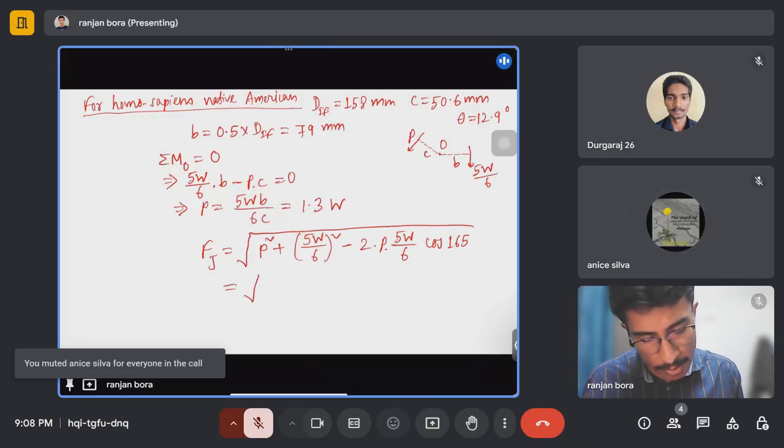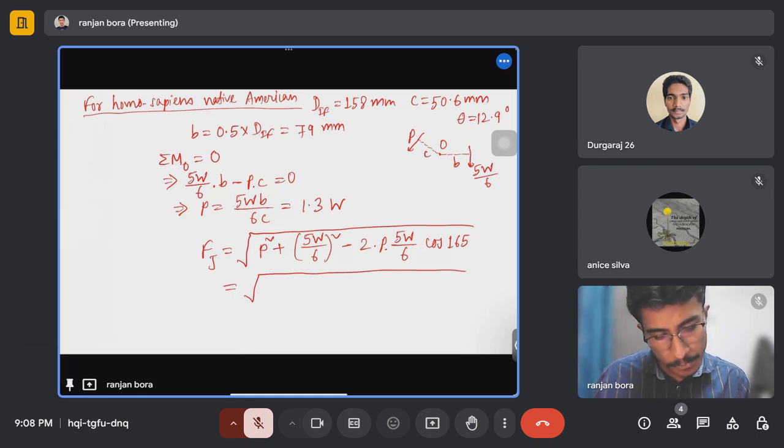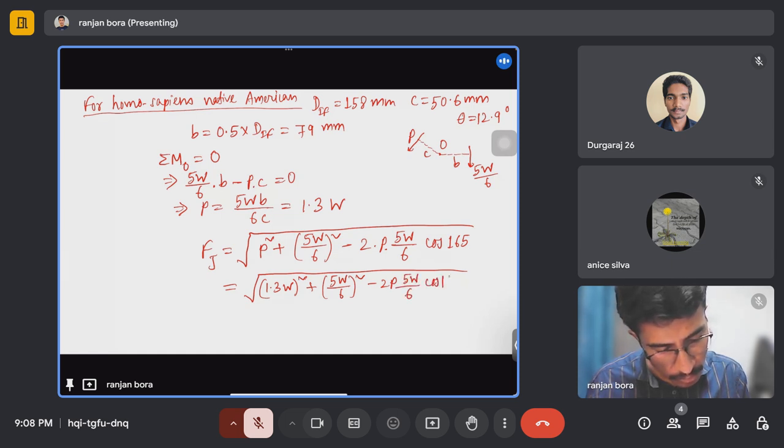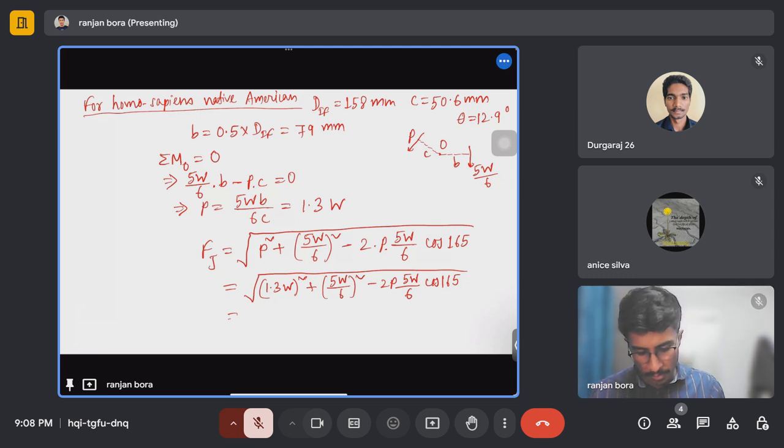We can substitute 1.3 square plus 5 by 6 square minus.